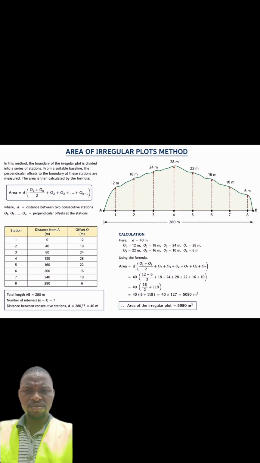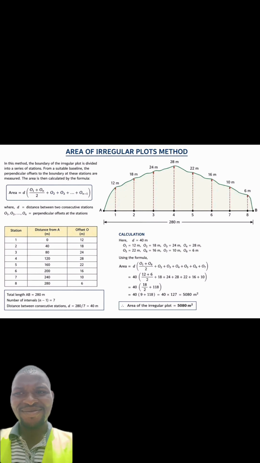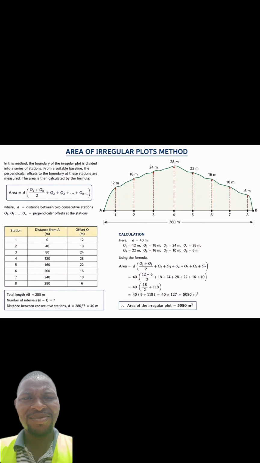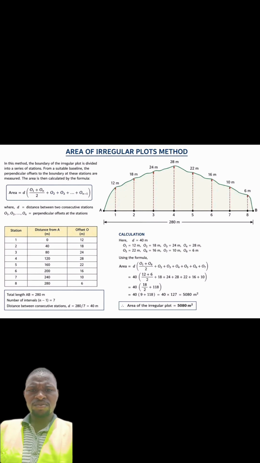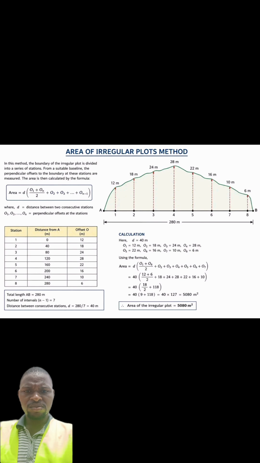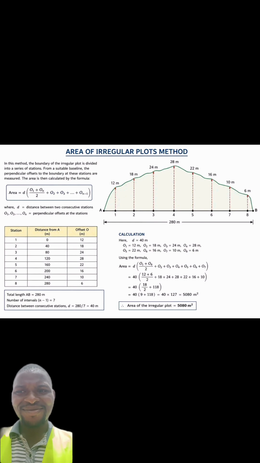When you have many numbers, you end up subtracting 1 from the total number you have. D is the distance between two consecutive stations, and O1, O2, up to On are the perpendicular offsets at the stations.